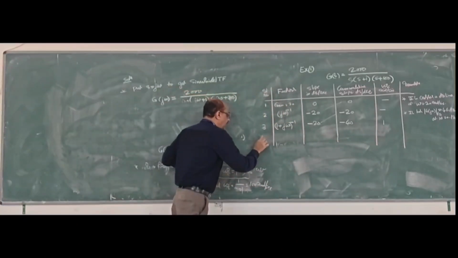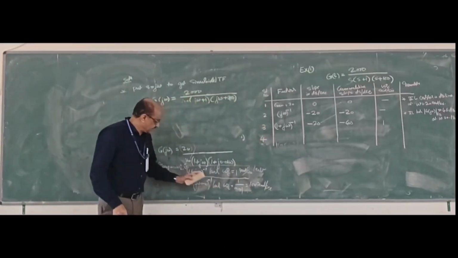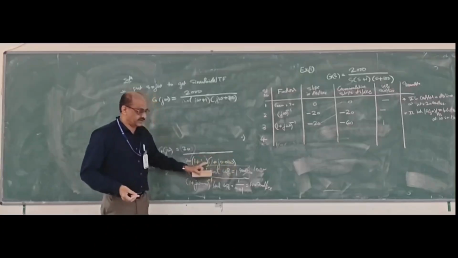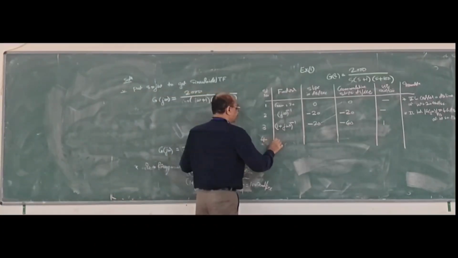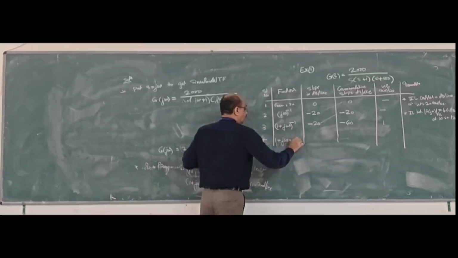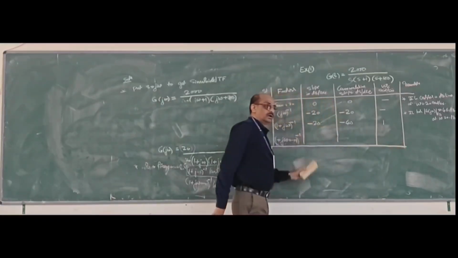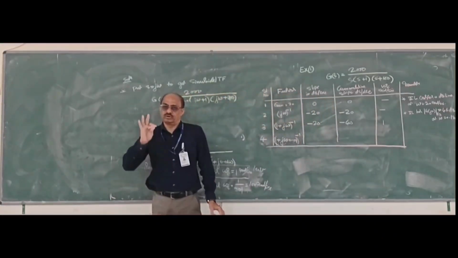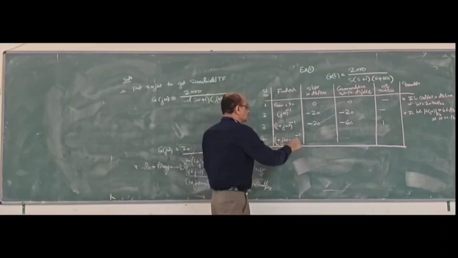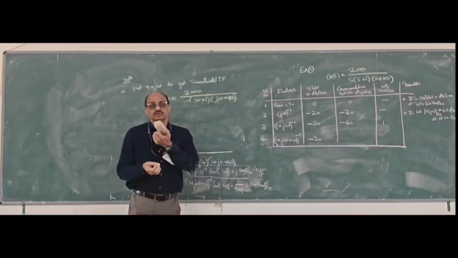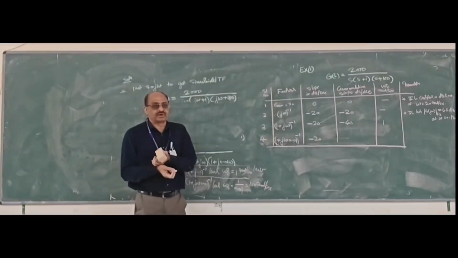Last factor I have now. Take the next factor as the fourth. What is it that I have to add? This one: 1 plus j omega times 0.01, to the power of minus 1. It is also a first order pole, with minus 20 dB per decade slope.